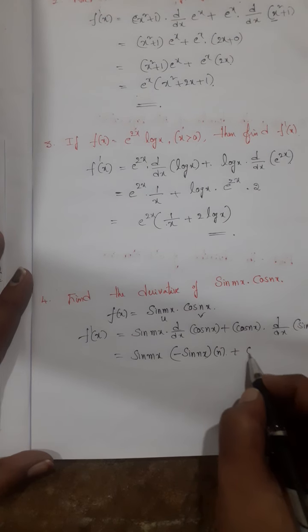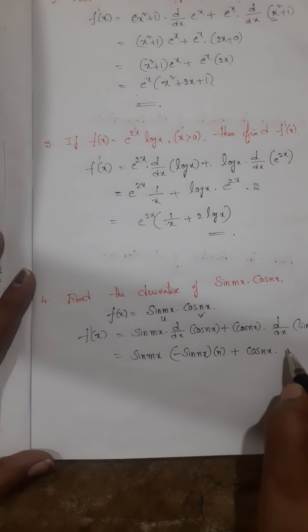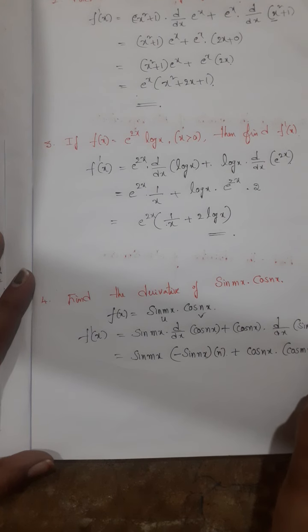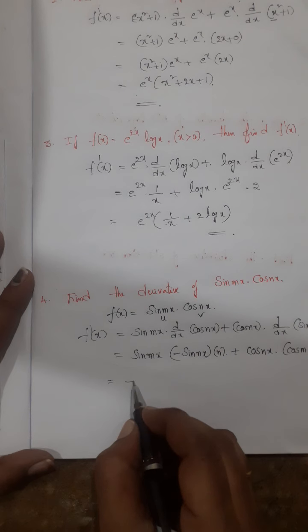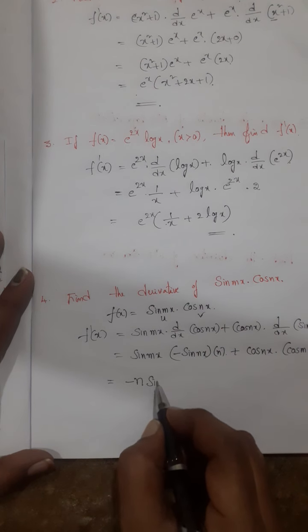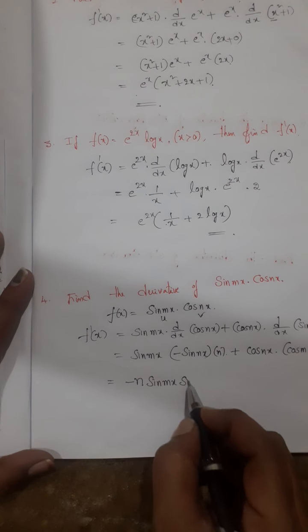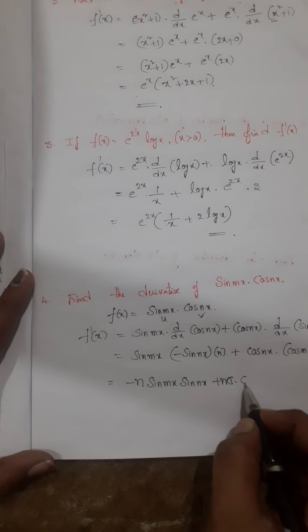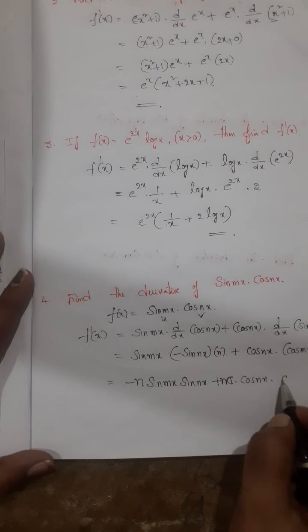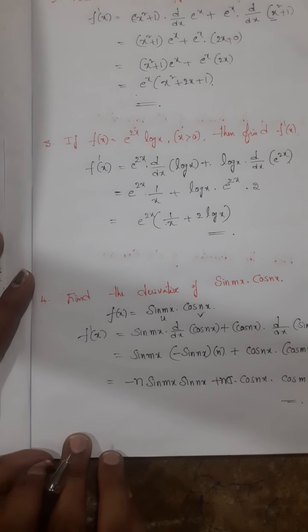Similarly for sin mx, differentiation is cos mx, and for mx you will have m here. So n is a constant: minus n sin mx sin nx plus m into cos nx cos mx is our answer.